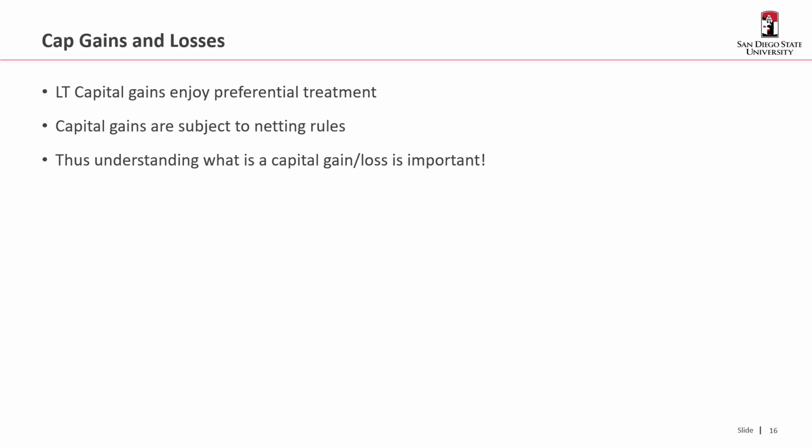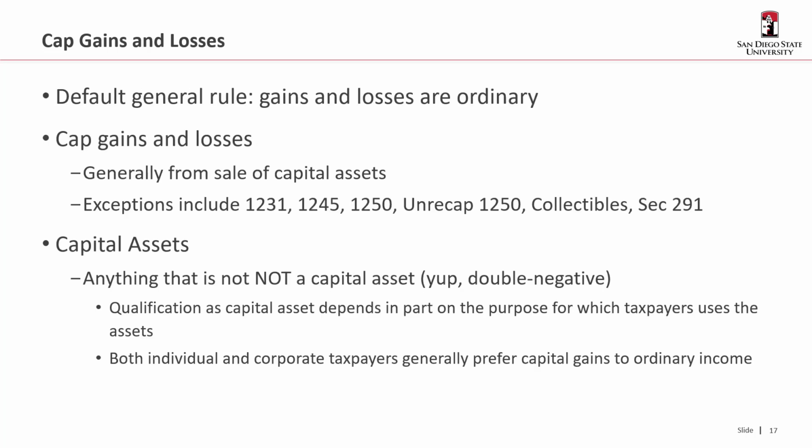We also know, or we're going to learn, that capital gains are subject to netting rules, right? So we know that net long-term capital losses are non-deductible. That was part of the last module. However, individuals can take an up to $3,000 net capital loss deduction against their ordinary income. So as a result, understanding what is a capital gain and loss is important.